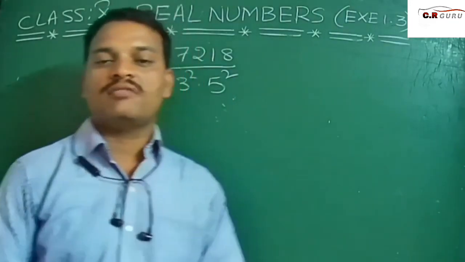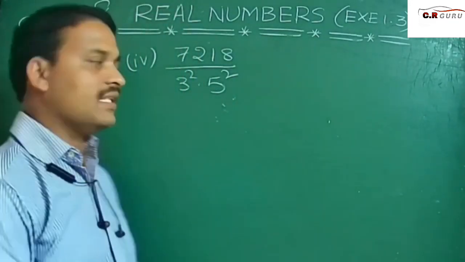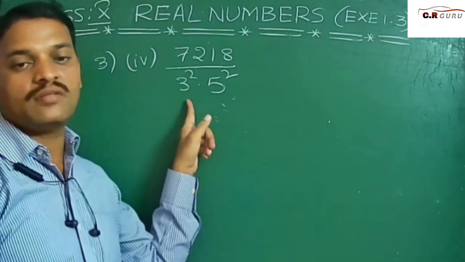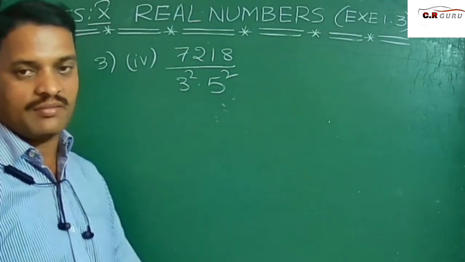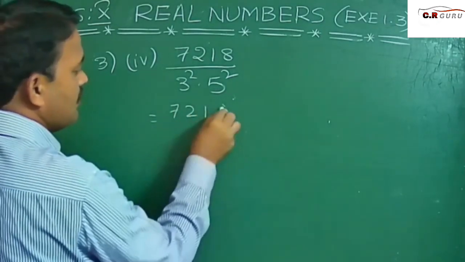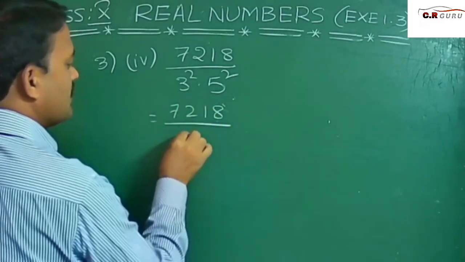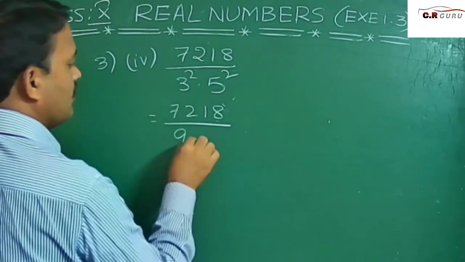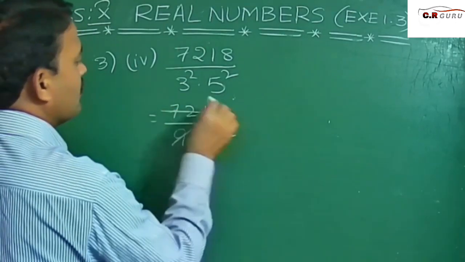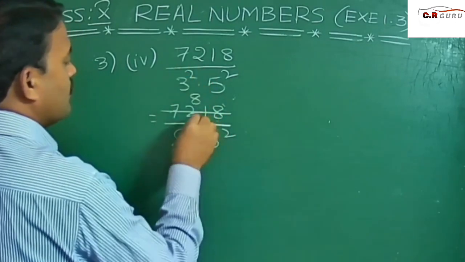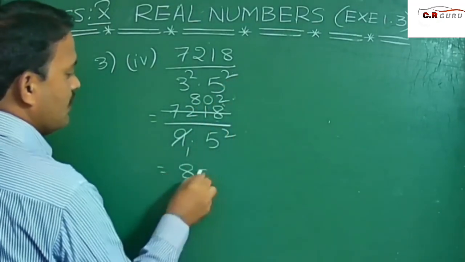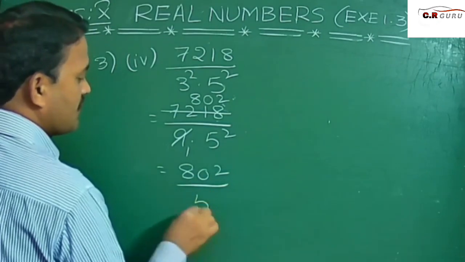Here the denominator is not in the form of 2 power of n into 5 power of m, so first of all you need to simplify this. 7218 by 3 square is 9 into 5 square. 9 ones are 9, 9 eights are 72, 0, 9 twos are 18. So we get 802 by 5 square.